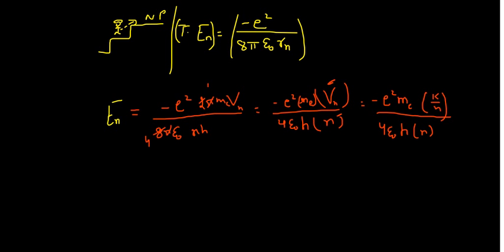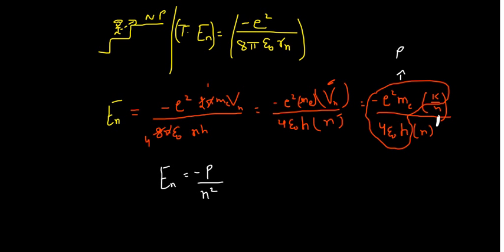If we take all these things as a big constant, we have something very interesting here. En is equal to negative, let's say, p by n square, since multiplying n gives n square.